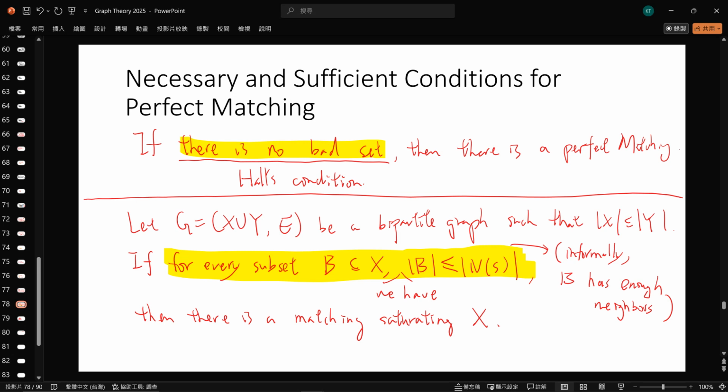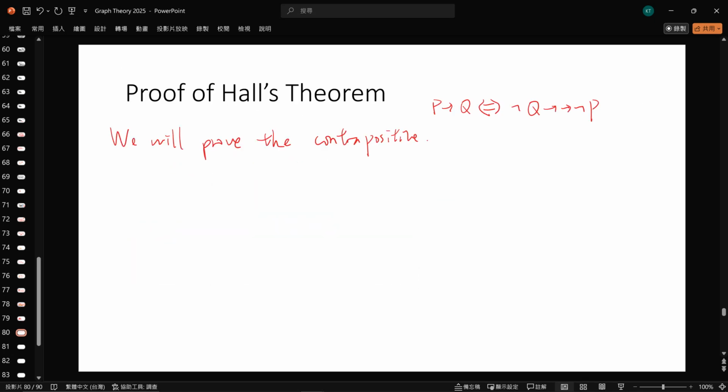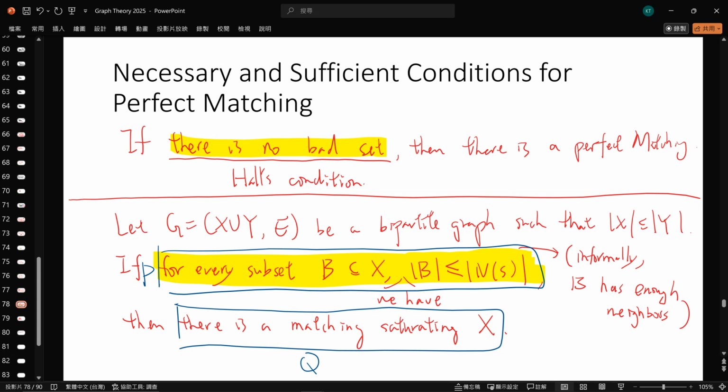So this is Q, and this is P. So the negation of Q is simply that there's no matching that can saturate X. The negation of P will be, well, informally this says that there's no bad set. So the negation will be there's a bad set.